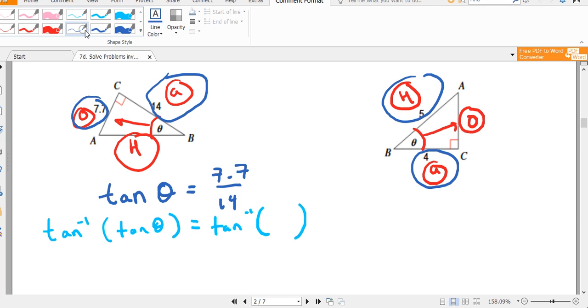Okay, so then this would be 7.7 over 14. I'm sorry, I don't know why this is so finicky. The reason I have it color coded this way is so you can see that I'm doing it to both sides. Now that means that will cancel out with that, and that leaves me with theta equals whatever this gives me.